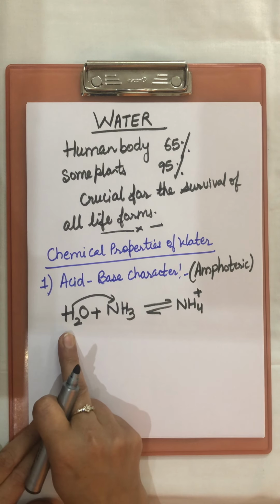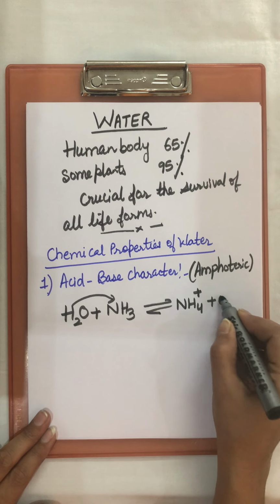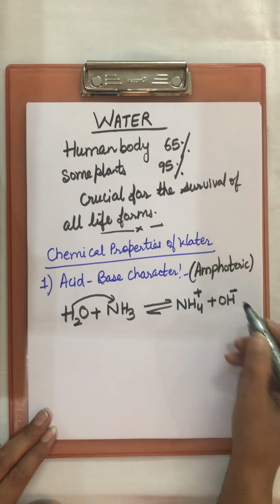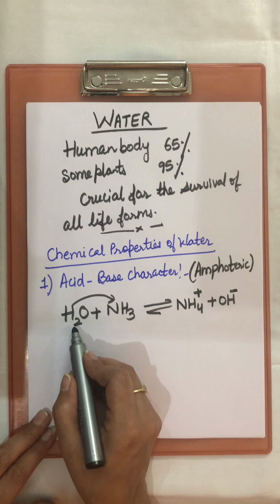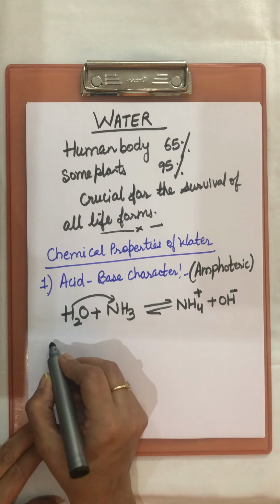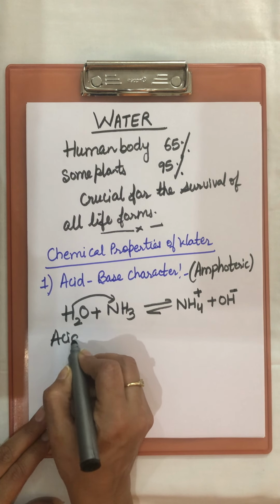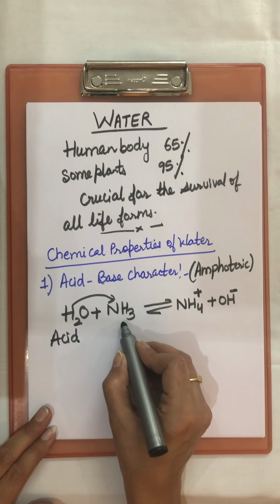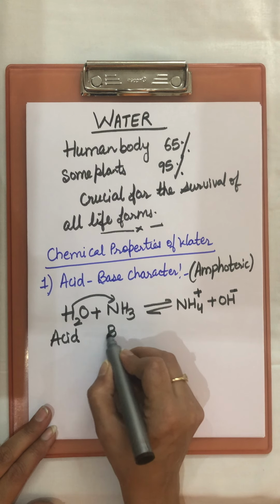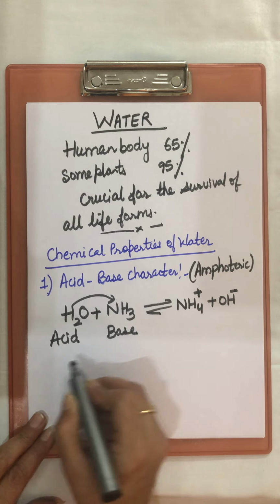With the loss of H plus, water changes to OH minus hydroxyl ion. So water here is losing H plus, that means this is an acid. Ammonia is gaining H plus, so this is a base.